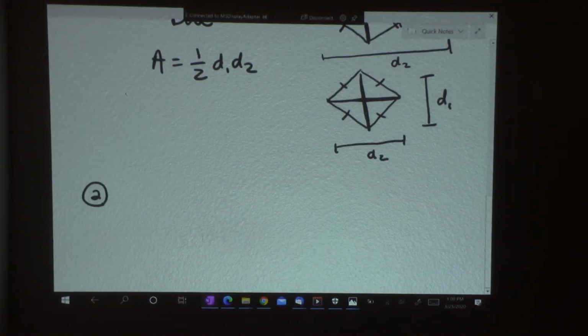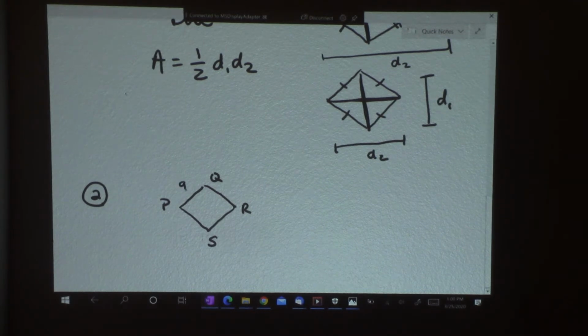Let's go back to number 2. I'm going to read it out loud. It says rhombus PQRS. So I have a picture like this. P, Q, R, and S. And it looks like this.